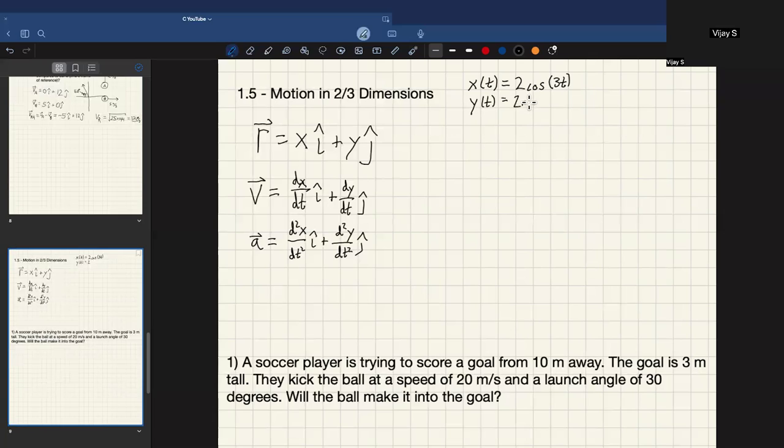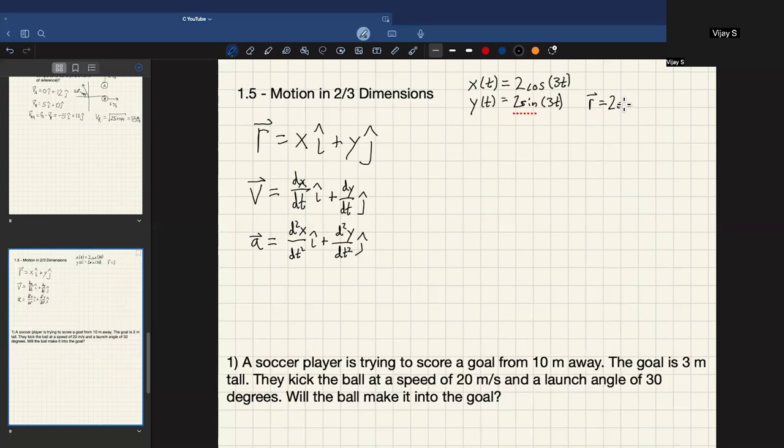And what you can probably convince yourself with this set of parametric equations is that this particle, whatever particle has x and y components of position given by these, is actually going to be tracing out a circle with radius 2.